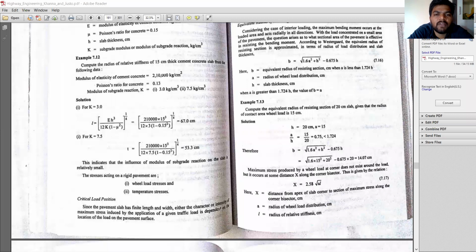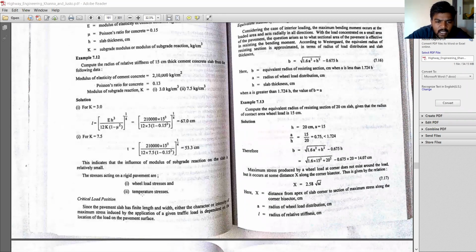For example, if it is a concrete slab of 7 meter width and 7 meter length, considering a 7 by 7 slab, what are the stresses applied or induced in it? For example, the load is applied at the center portion, at the corner portion, or at the edge portion. Considering corner, edge and central portion, the total stresses acting on a concrete slab can be calculated.